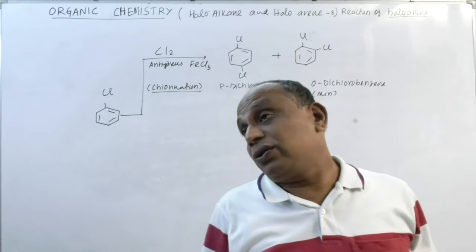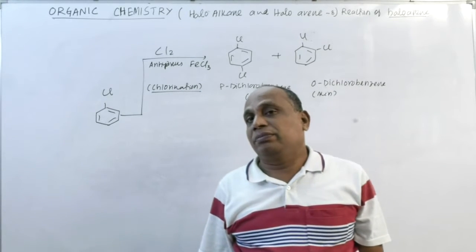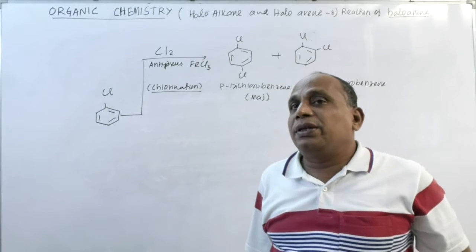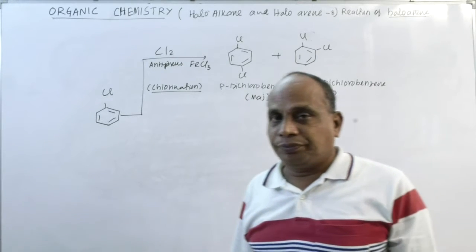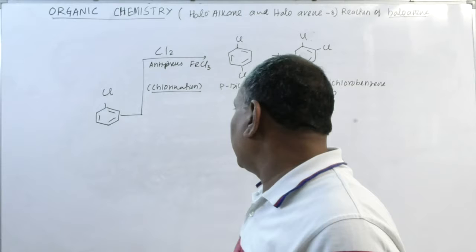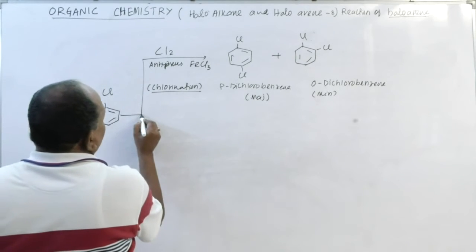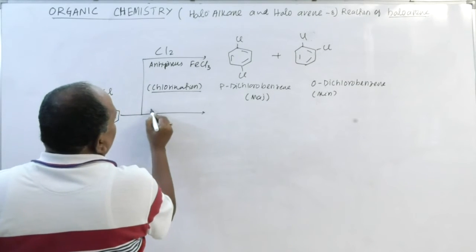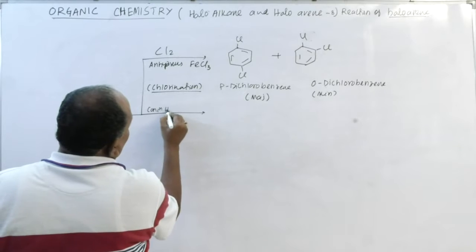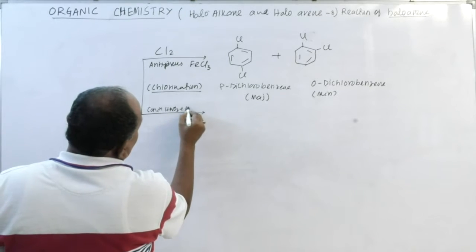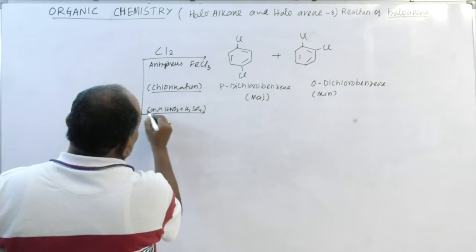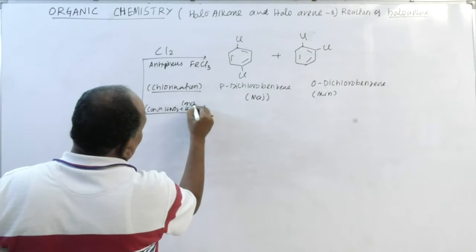That is, the hydrogen atom of the benzene nucleus of chlorobenzene is substituted by a chlorine atom. Suppose this one is treated with concentrated HNO3 and concentrated H2SO4.